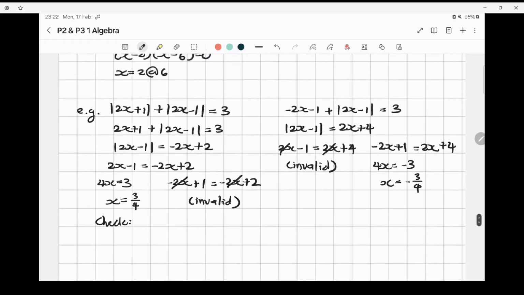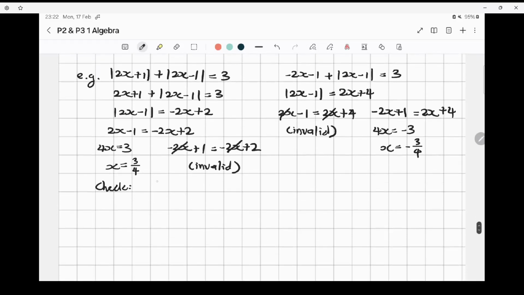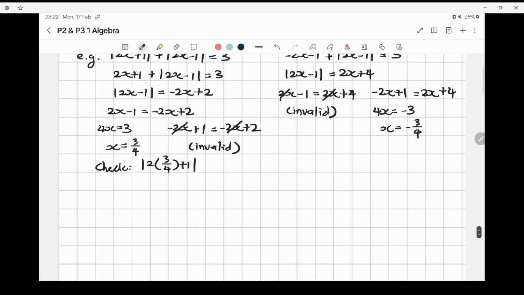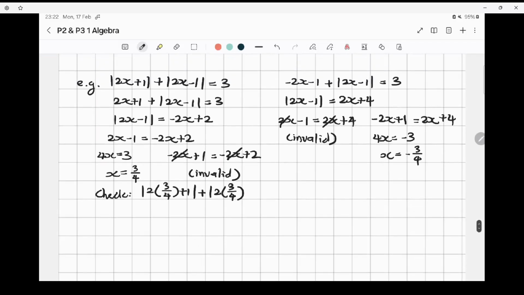When x equals 3 over 4, you have 2 times 3 over 4 plus 1 plus 2 times 3 over 4 minus 1.